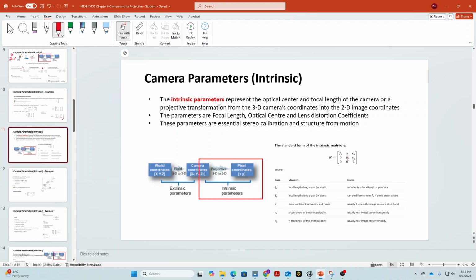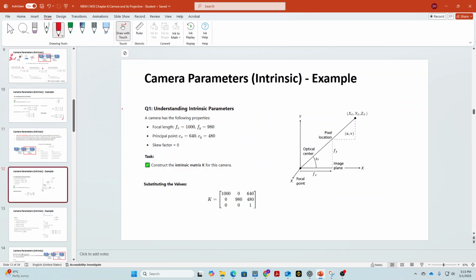S is the skew coefficient, which is normally 0. Cx and Cy are the x and y coordinates of the principal point. This is the point at the center of the sensor for x and y. All right, so this is going to be used to calculate the location of the mapped 3D point from outside onto the sensor.